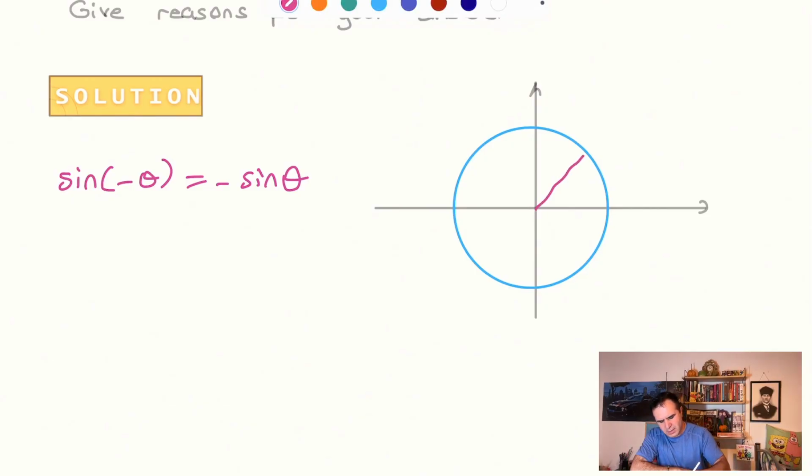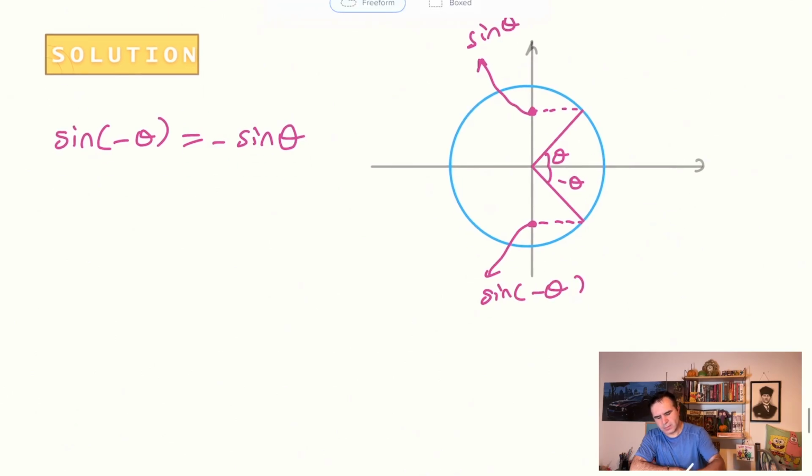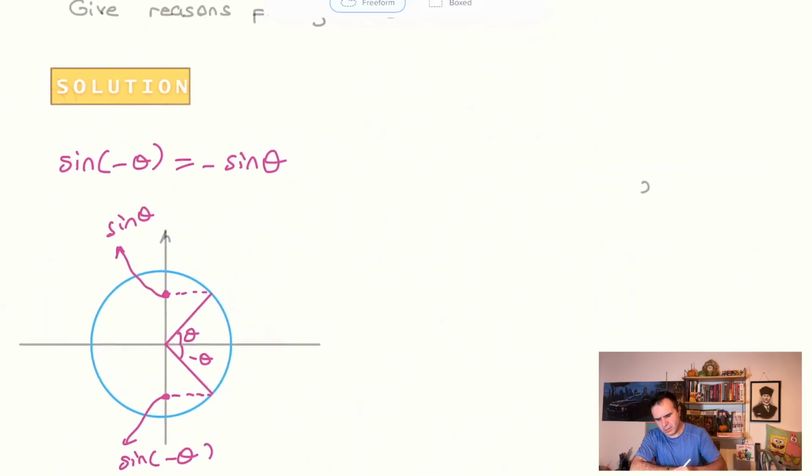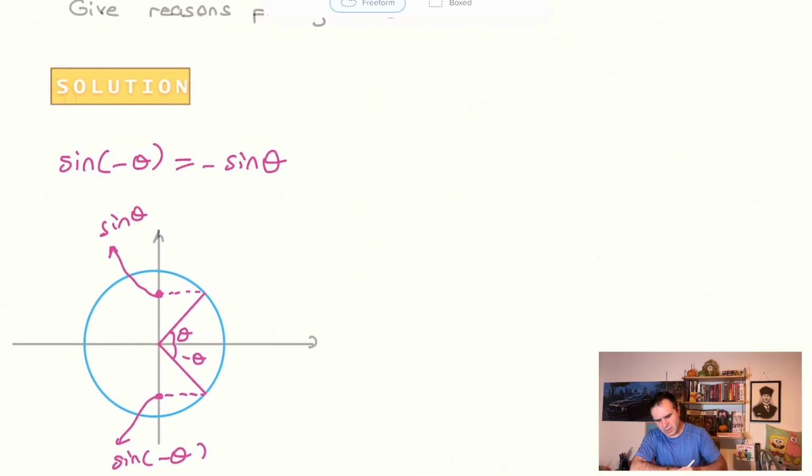Take a theta here. If you take theta here, this is the point where sine theta is, and this is minus theta, and this is where sine of minus theta is. As you see here, sine theta is here and sine of minus theta is here.